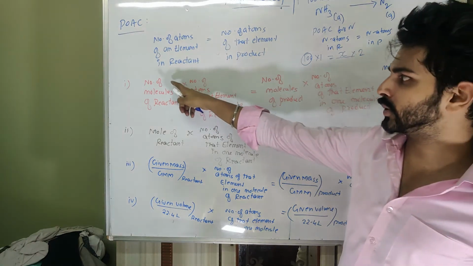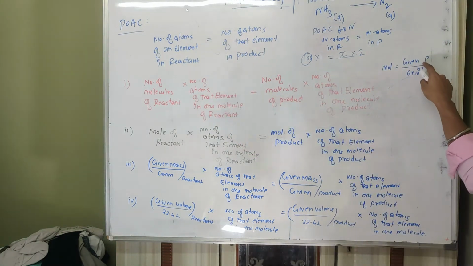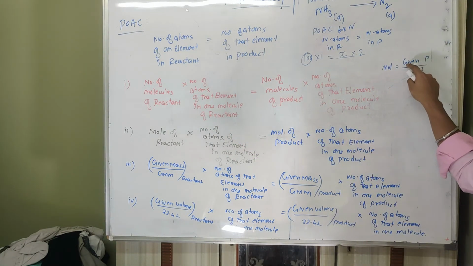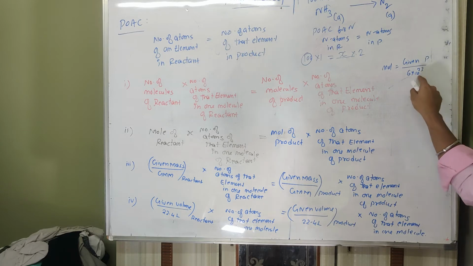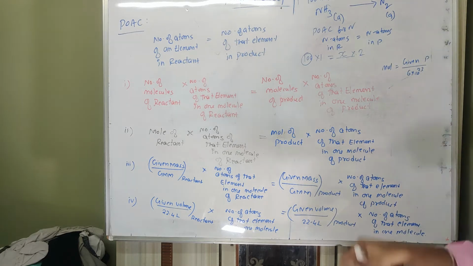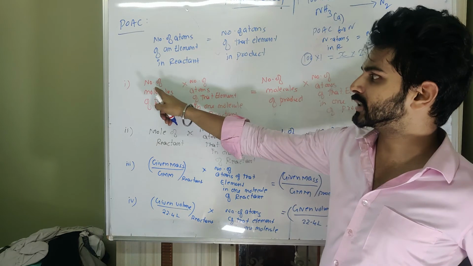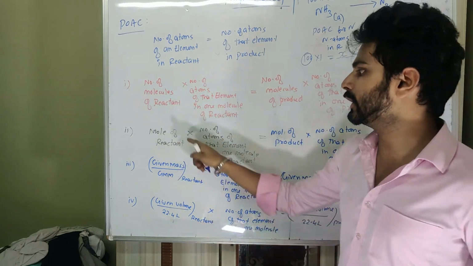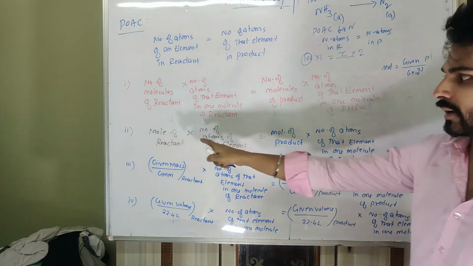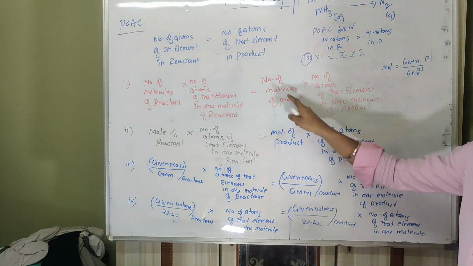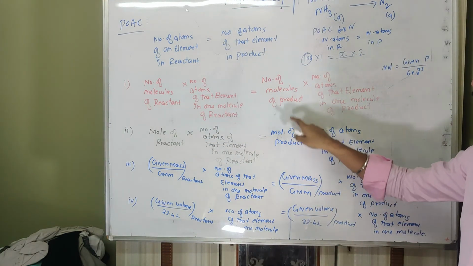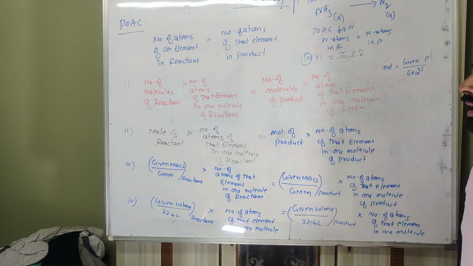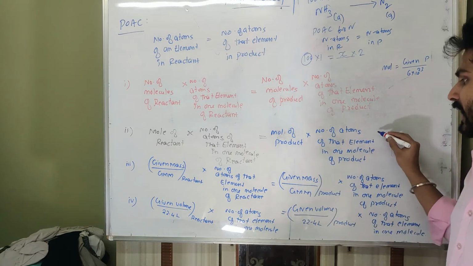So I am substituting number of molecules as number of particles, which means number of molecules equals mole of reactant into 6 into 10 raised to 23. Similarly, here also number of molecules will be written as mole of the product into 6 into 10 raised to 23. So that 6 into 10 raised to 23 will get cancelled. So now we got another equation.